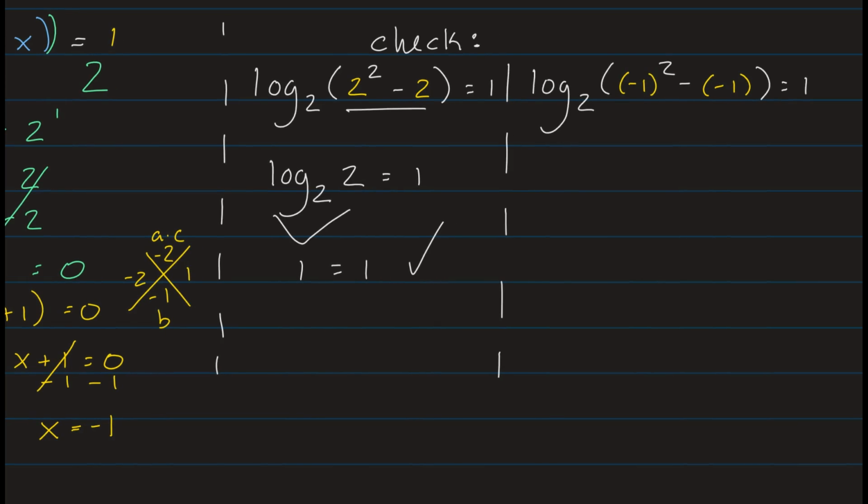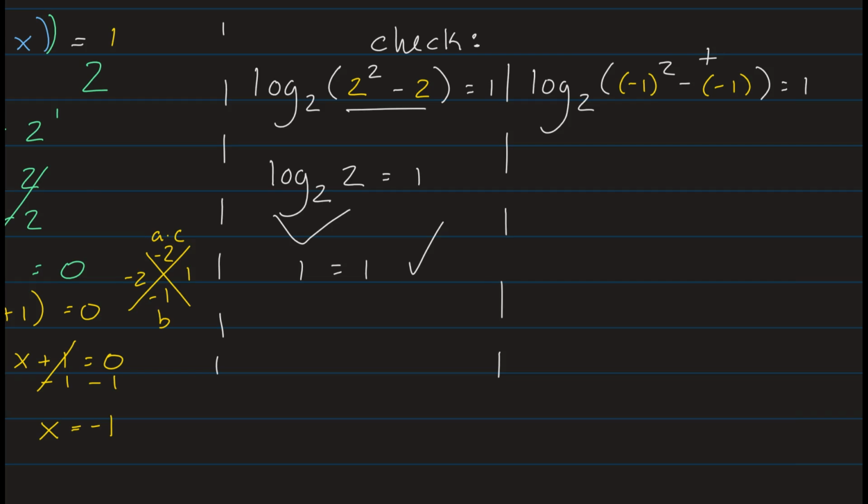Our next solution, -1, let's go ahead and check that. Just like I did on the previous solution, I first need to simplify my argument down to be one term. So -1 squared is 1. Minus -1, that minus and negative turn into a positive.